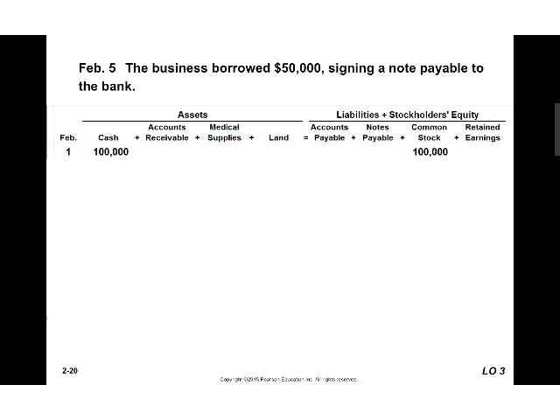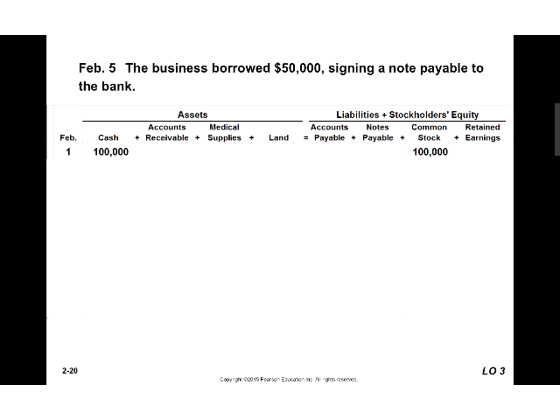The next transaction at the top of the screen just changed. The business borrowed $50,000, signing a note payable to the bank. So again, I look to see is cash involved. The word cash is not there, but it is involved because what do you borrow from the bank? You borrow cash. So we have $50,000. Does it increase or decrease cash for the business? It increases cash. So we're going to have a $50,000 increase in the cash column.